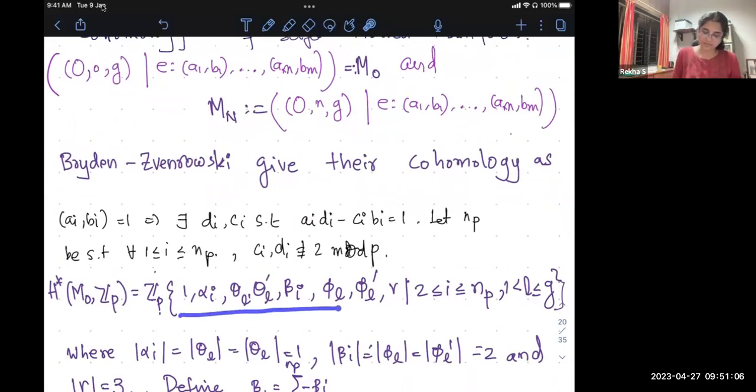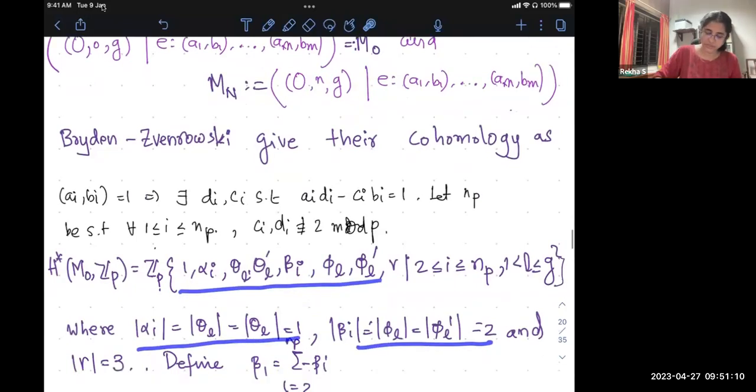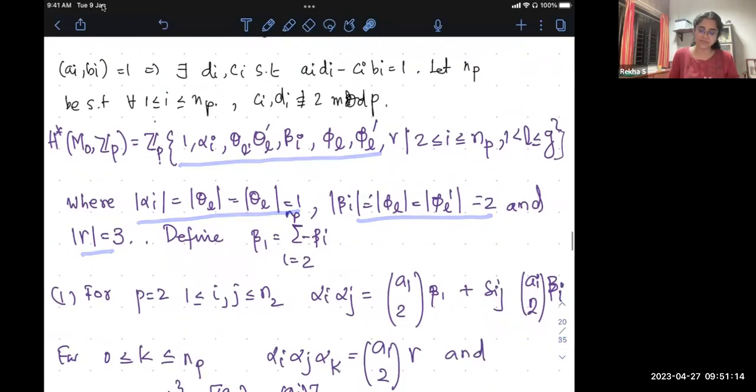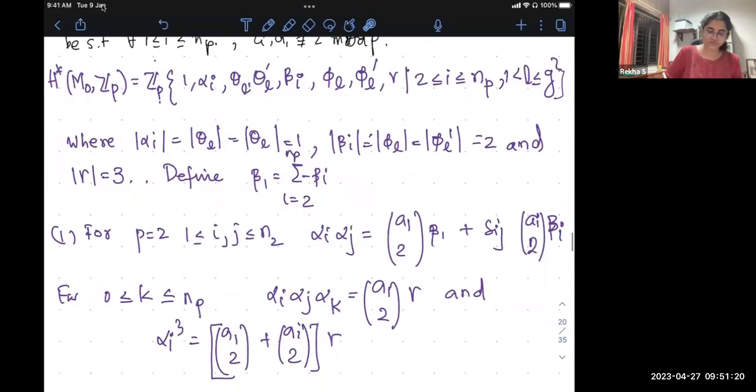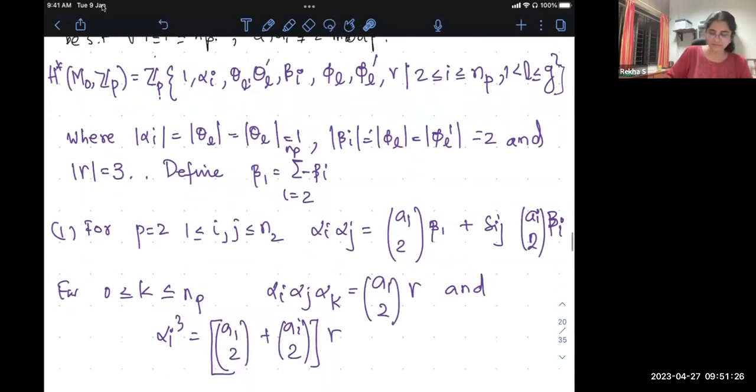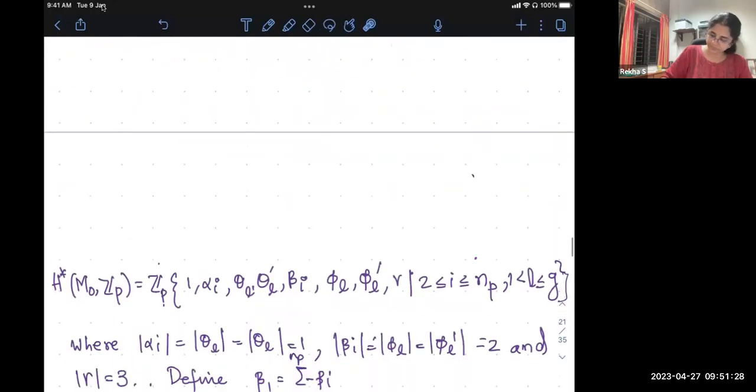There are all these generators, some of them in degree 1, some in degree 2, and one in degree 3. And then depending on how the a_i's and b_i's behave, there are a bunch of relations on them. So in the case that prime p is equal to 2, this is the relation they have.